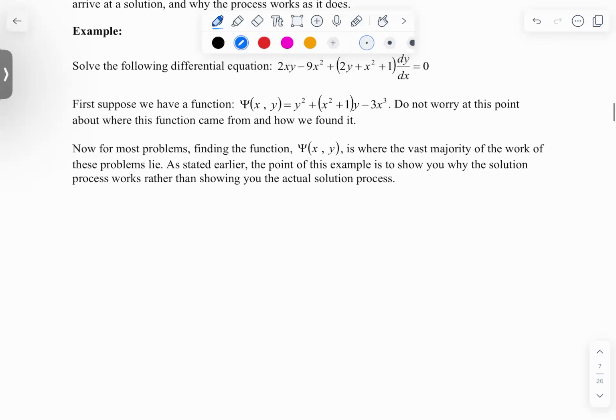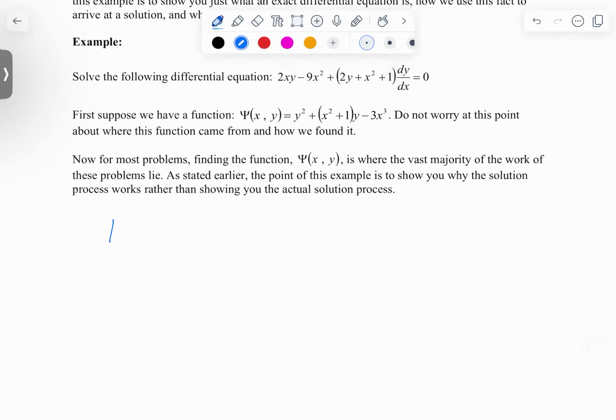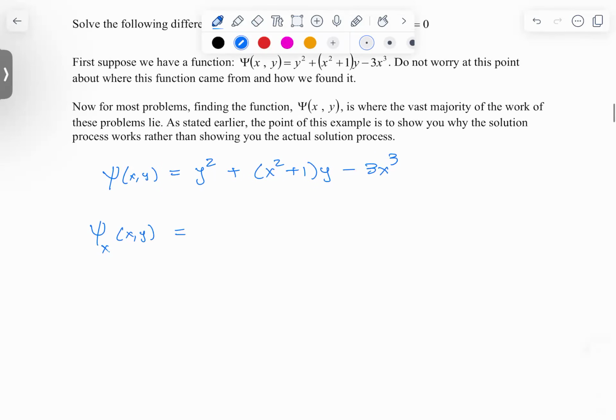And that's why this is like potential functions. If I take my function psi, now I'm going to do the partial derivative. I tend to like Clairaut's notation as opposed to the beautiful partial d's, though I like those too.